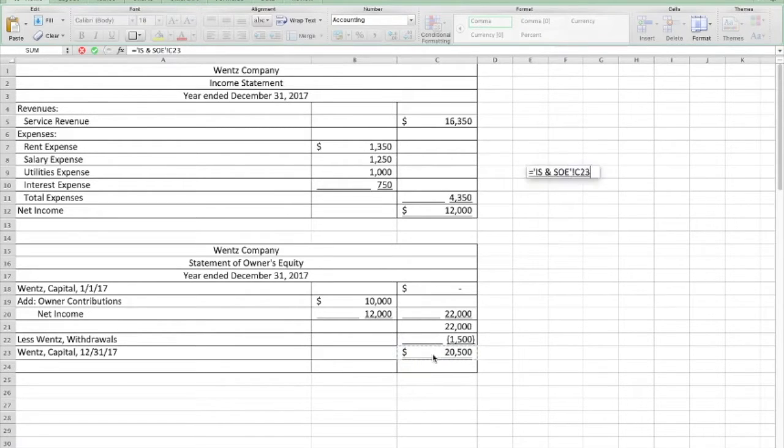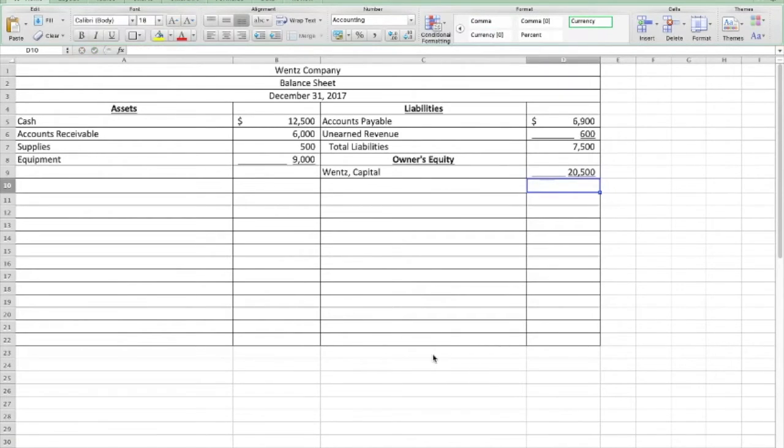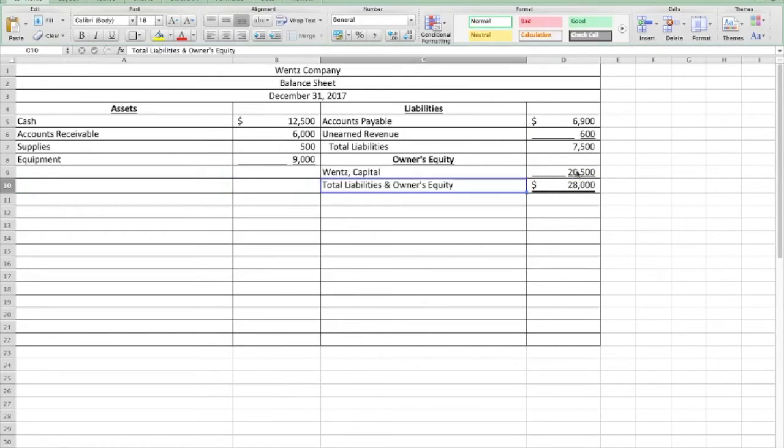So my Whence capital will be $20,500. All right, I'm now ready to show some totals here. Total liabilities and owner's equity here on this side. $7,500 plus $20,500 gives me $28,000 as total liabilities and owner's equity.